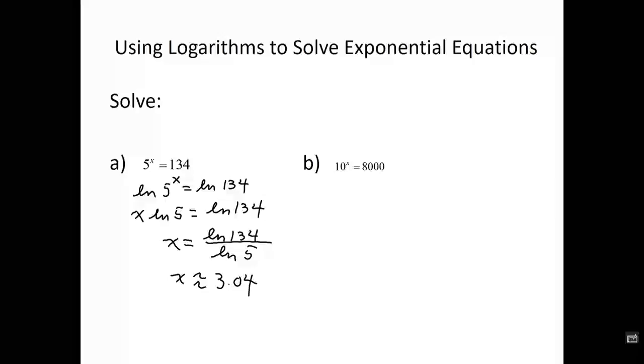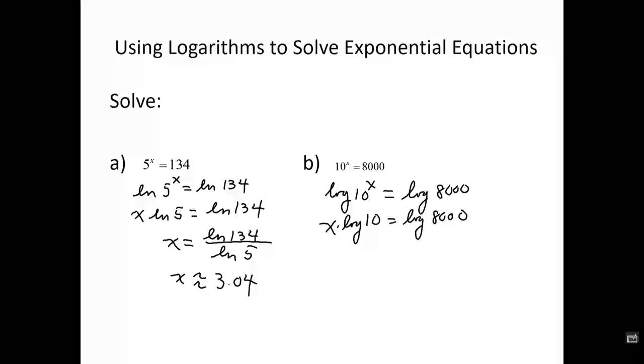In the next example, let's solve the exponential equation 10 to the x is equal to 8,000. Base 10, so we're going to take the common log of both sides of this equation. So that's the log of 10 to the x is equal to the log of 8,000. So this is x times the log of 10 is equal to the log of 8,000.